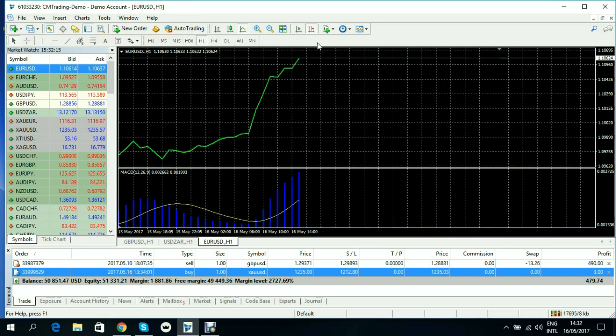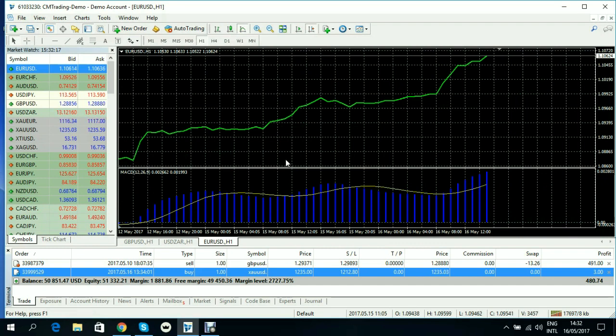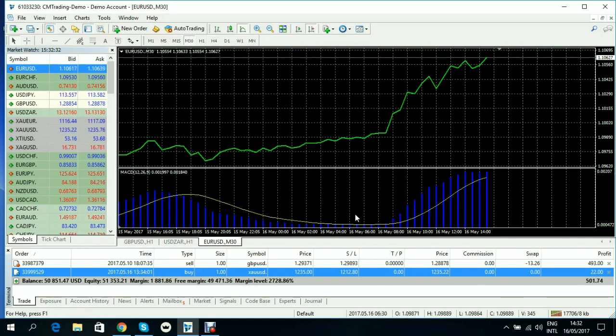At least 3 or 4 time frames must show that the bars and the signal line are above this zero zone. Like the 30 minutes, it's above the zero zone. The bars and the signal line are above.